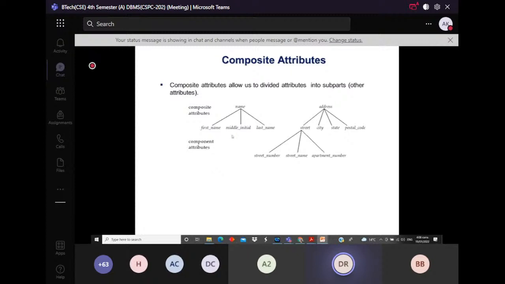For example, the name of a person can be subdivided into three parts: first name, middle name, and last name. Similarly, address can have different parts, for example street, city, state, postal code, and street further is street number, street name, apartment number. Such attributes are called composite attributes.